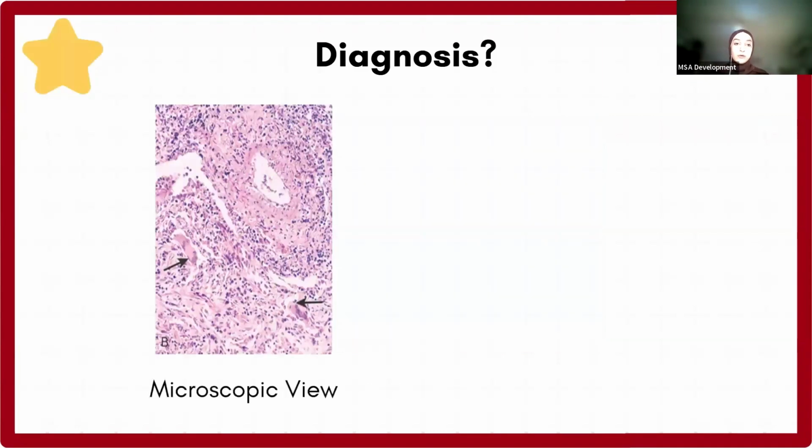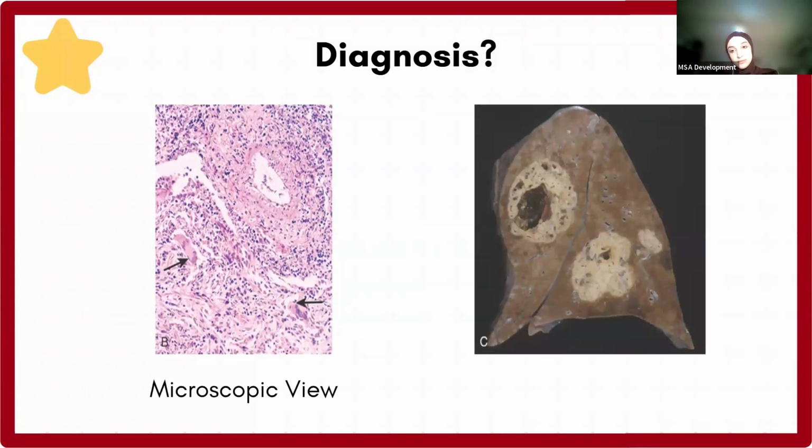Now you have this image coupled with this one, under gross view. What do these usually point to? Wegener's granulomatosis. This is C-ANCA positive.